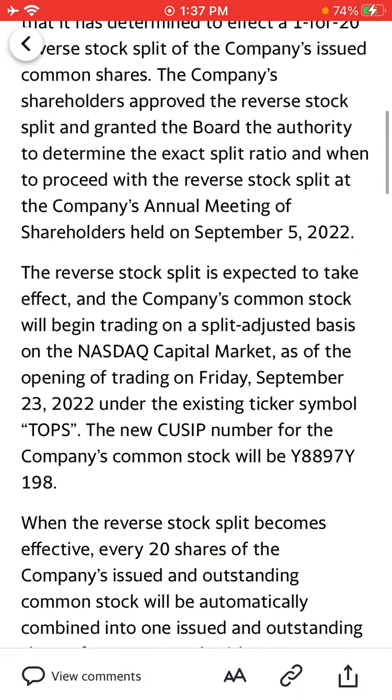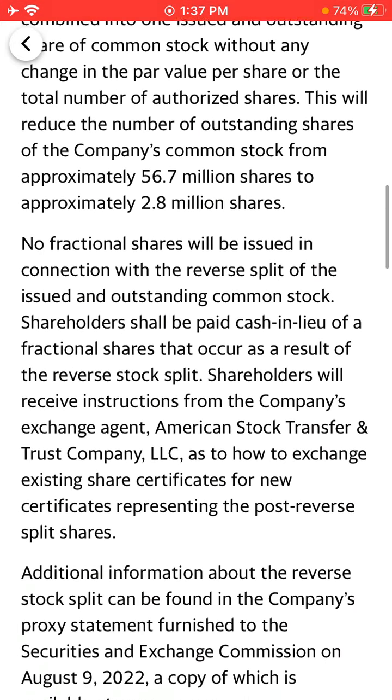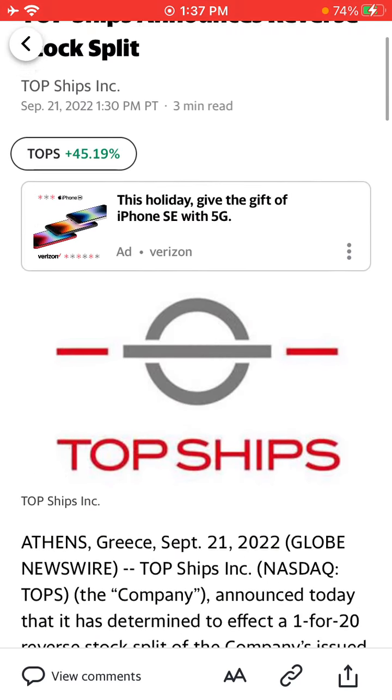So it looks like this was a 1 to 20 reverse split. Yeah, here, 1 to 20.